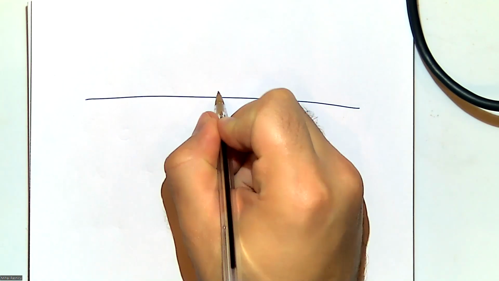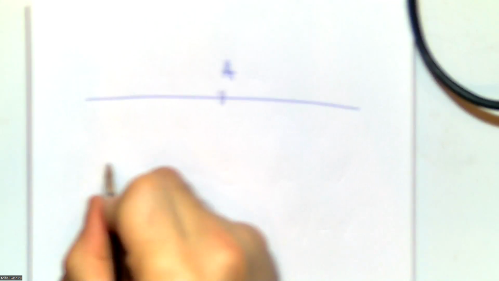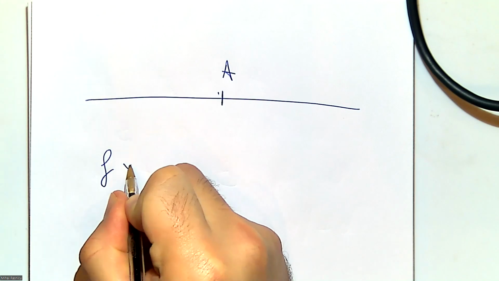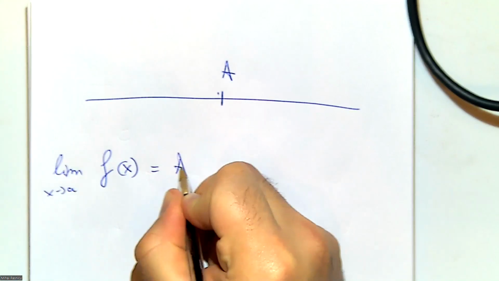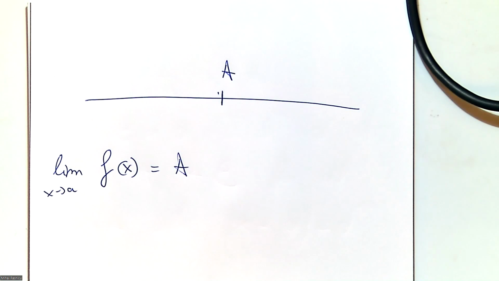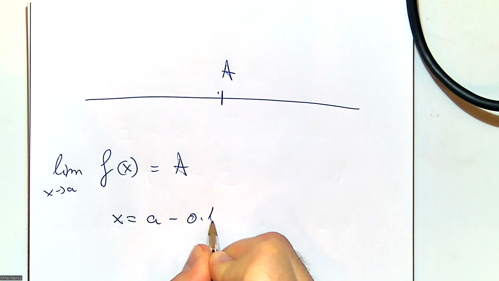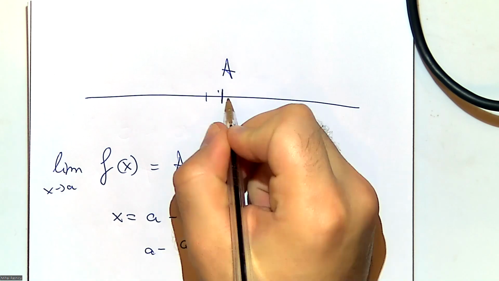This is big A, and I want to show that the limit of f of x when x goes to a is A. I'm basically saying that if I choose x as a minus 0.1, then a minus 0.01, I'm getting closer to a.